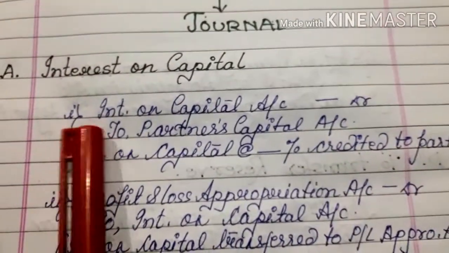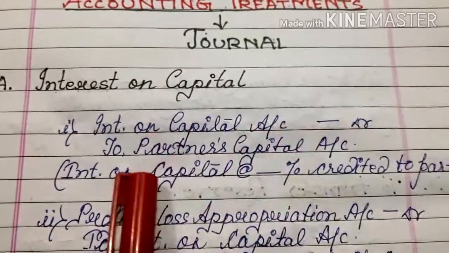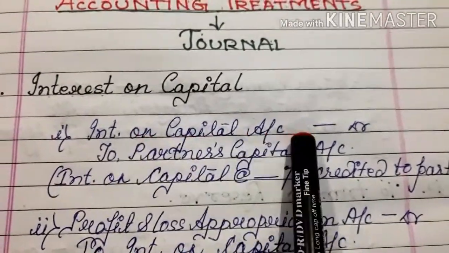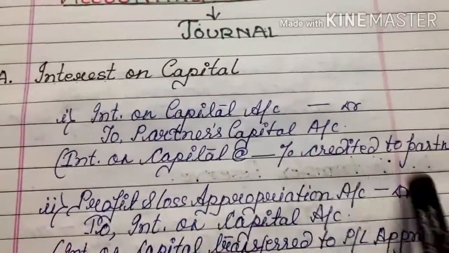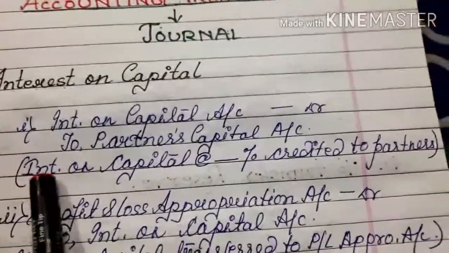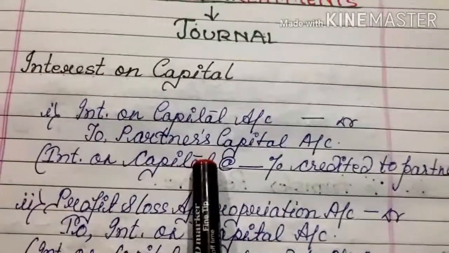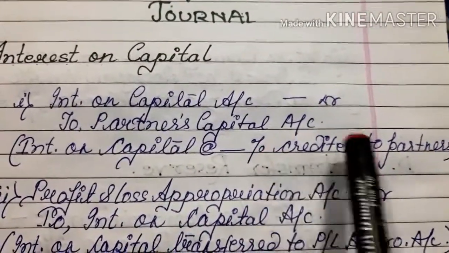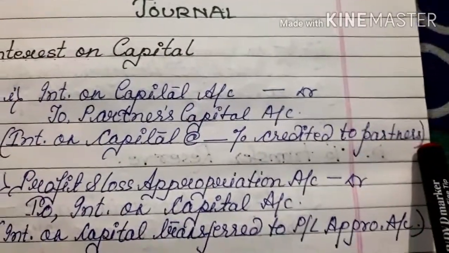First of all, interest on capital will be allowed to the partners. So interest on capital account debit to partners' capital account. And the narration is interest on capital at the rate of the percentage given, credited to partners.